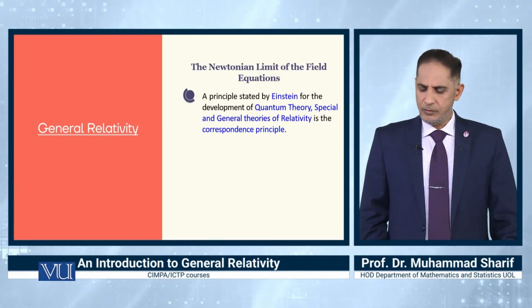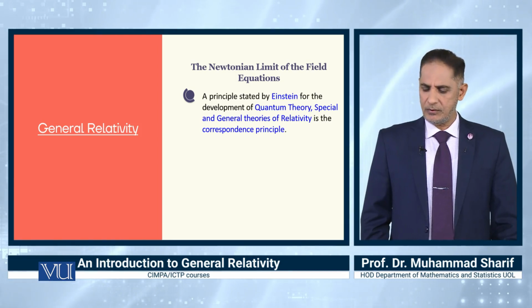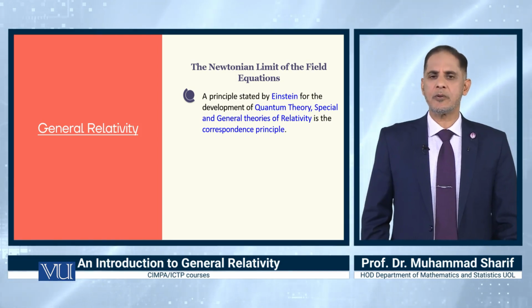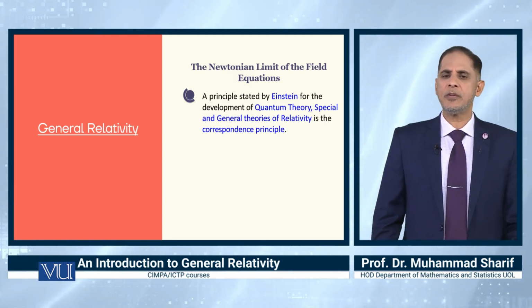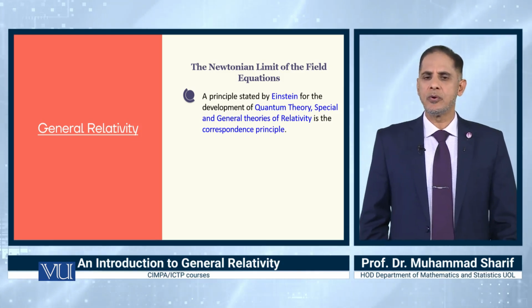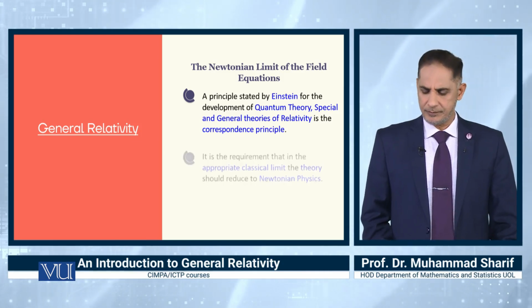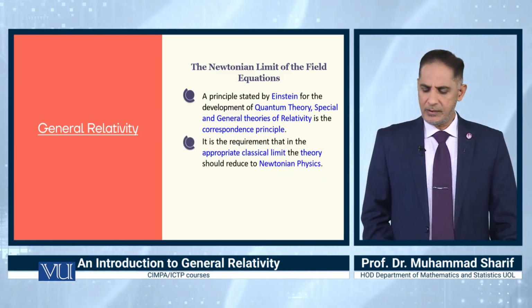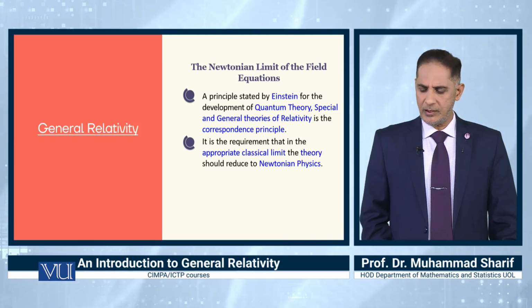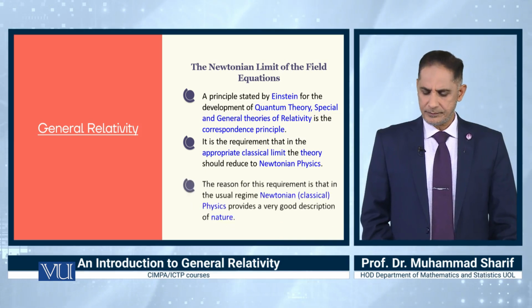A principle stated by Einstein for the development of quantum theory and the special and general theories of relativity is the correspondence principle. This principle says that every theory must reduce to Newtonian theory in some appropriate limits. It is the requirement that in the appropriate classical limit the theory should reduce to Newtonian physics.